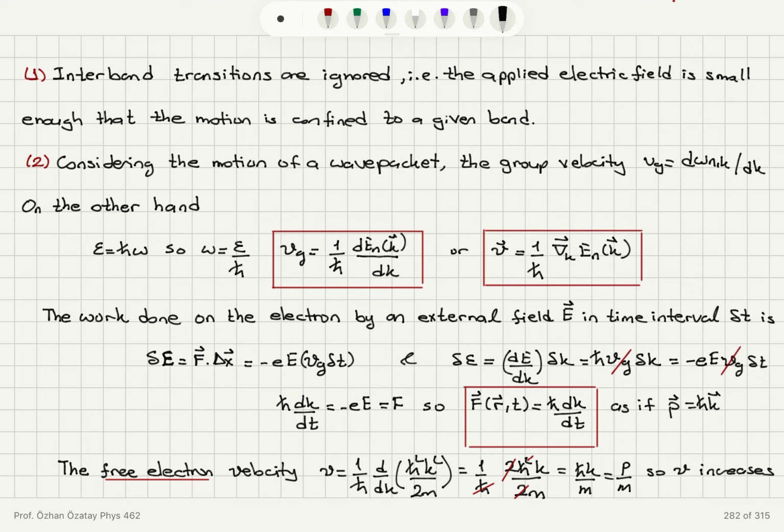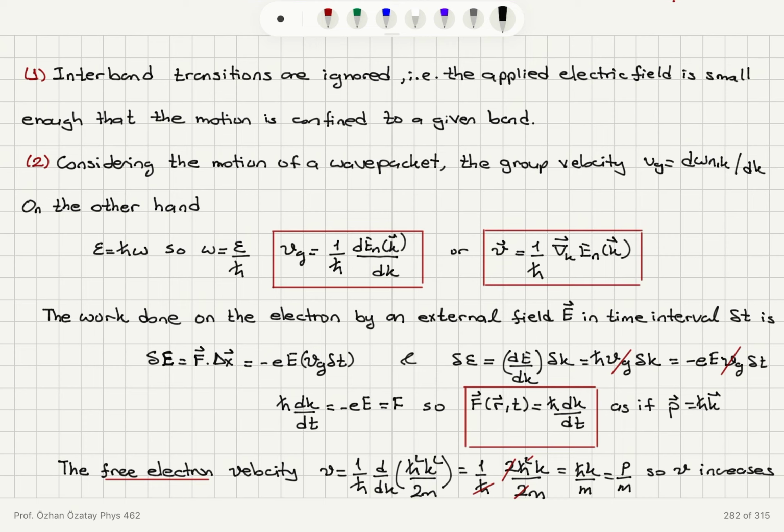Now the work done on the electron by an external electric field in a time interval delta t, work done is the dot product of force with displacement. So it is F dot delta x vector or F dot delta r vector. So this will be the force when we have an electric field E, a constant electric field E being applied.